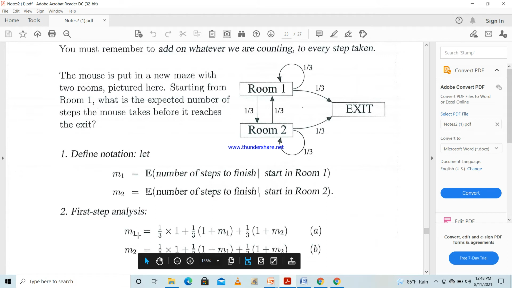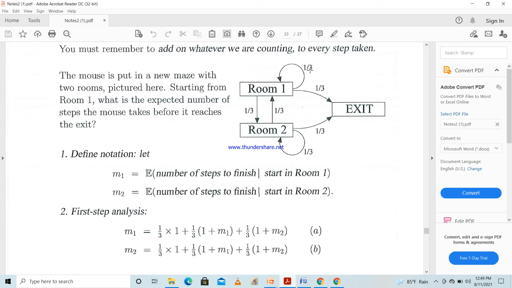So if we write a formula for M1, let's check the possible paths. Now if you straight away use this path, you can go to the exit point. You only have to take one step if you use this path, and the probability is 1/3. So that is 1/3 into 1, plus, let's say the mouse is going to use the second option.